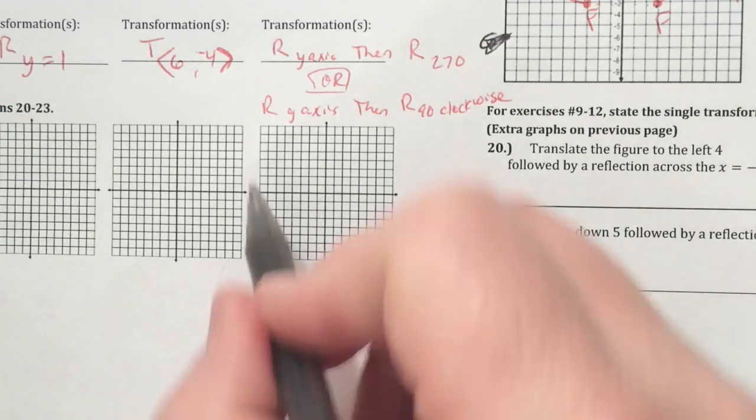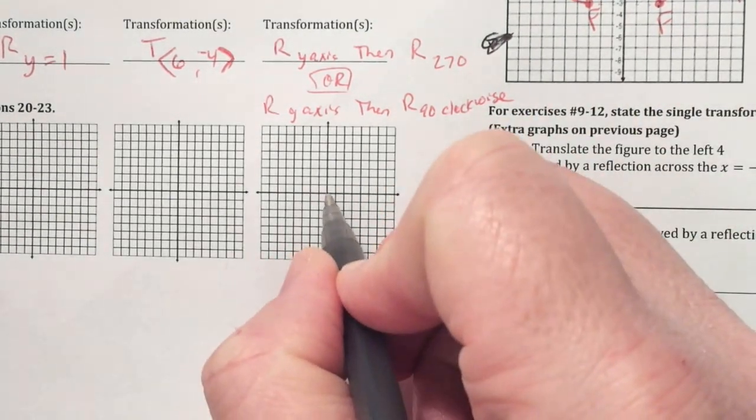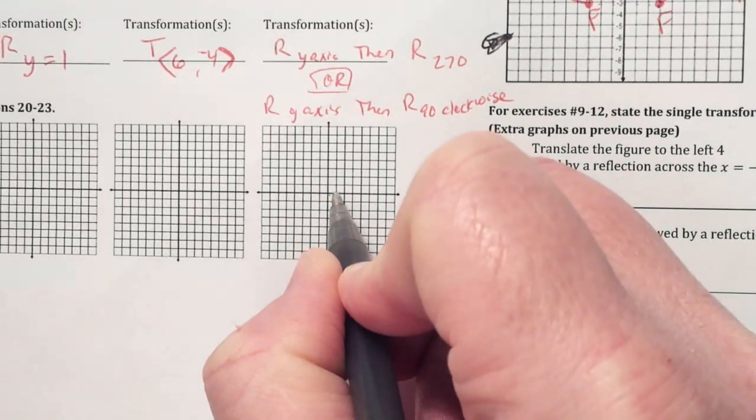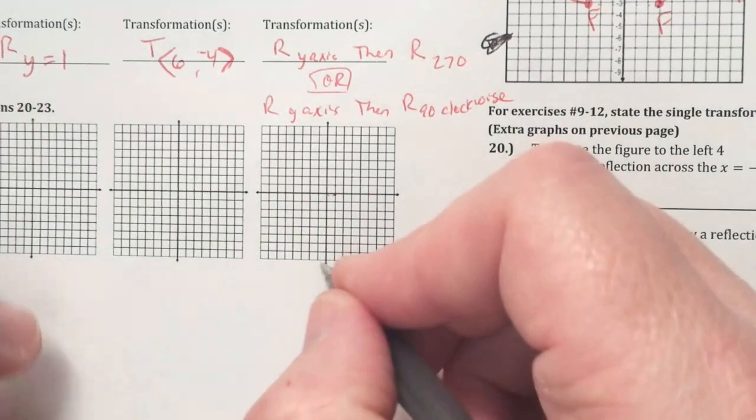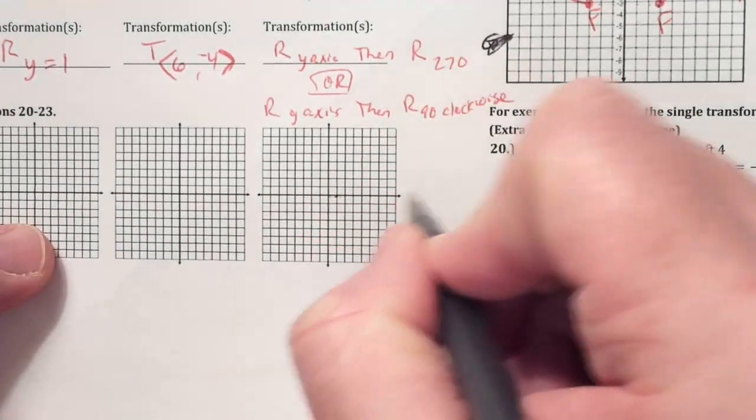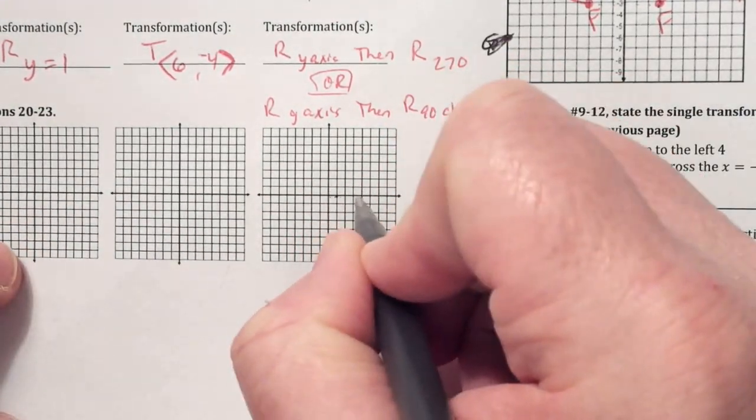All right, so I'm just going to pick some random coordinate, and you could use pictures. So here we go. I'm going to use a 2 by 4 triangle right there.